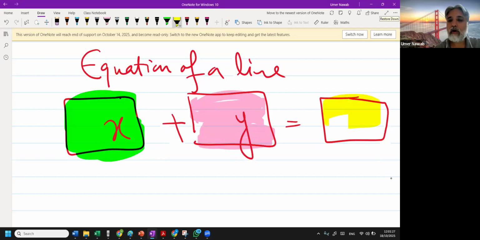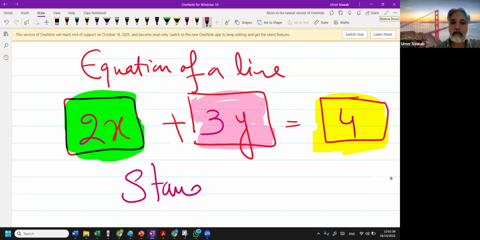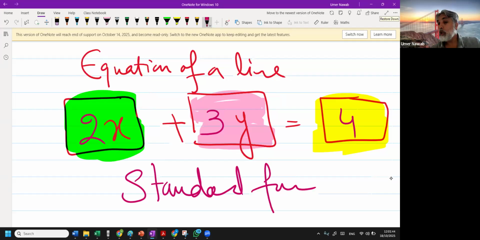And this is a constant term without x and y. So I'm going to write any coefficient of x, any coefficient of y, and any constant here. So this is called the standard form of a line. Standard form of a line is the first equation or the raw form of the equation of a line. It has 3 terms. It has x term, it has y term, it has constant.